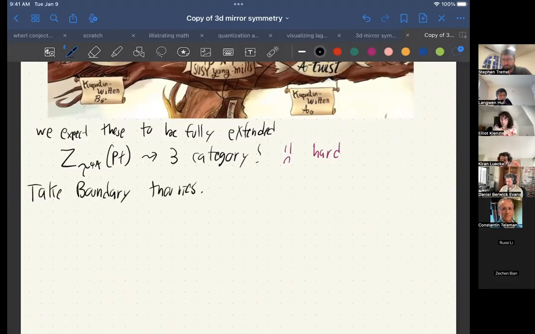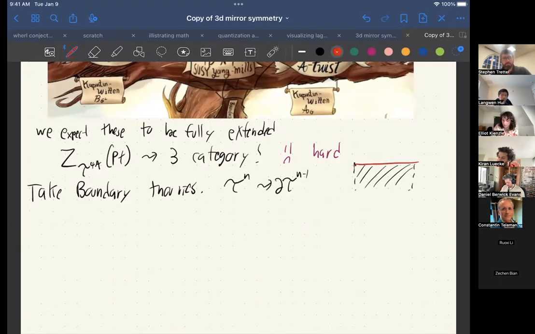Okay, so let's suppose that we have some n-dimensional TQFT, and we want to produce an n minus one dimensional TQFT, which is going to be the boundary. How can we do that? Well, let's draw a little schematic picture here. We have our strip, where I'm thinking of my higher dimensional space as an interval cross a lower dimensional manifold.